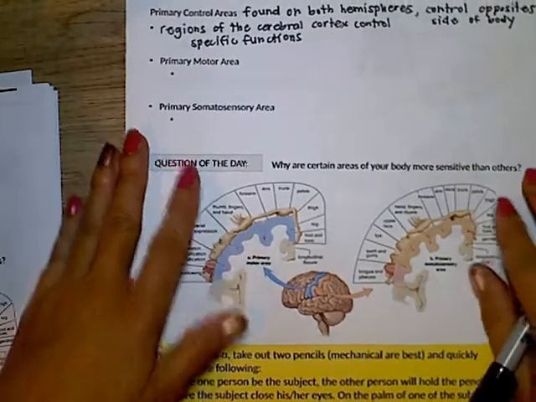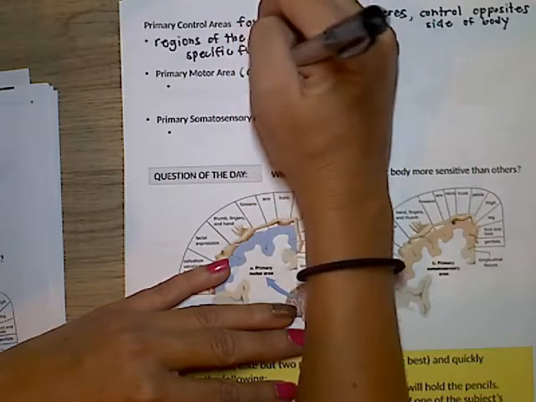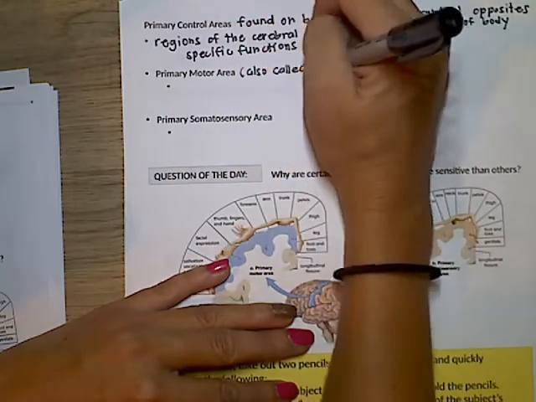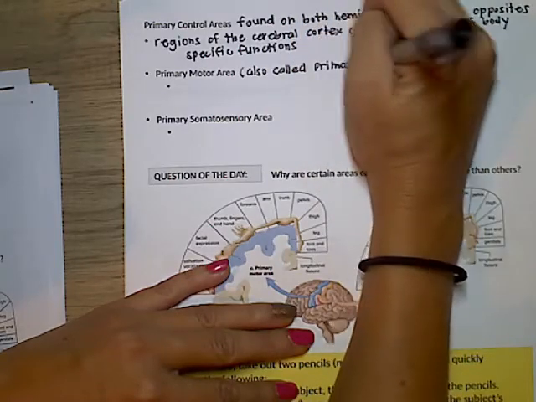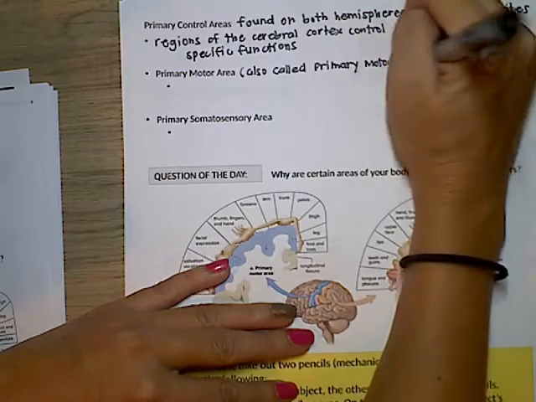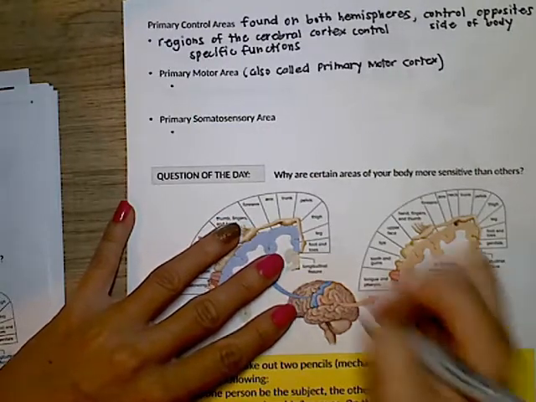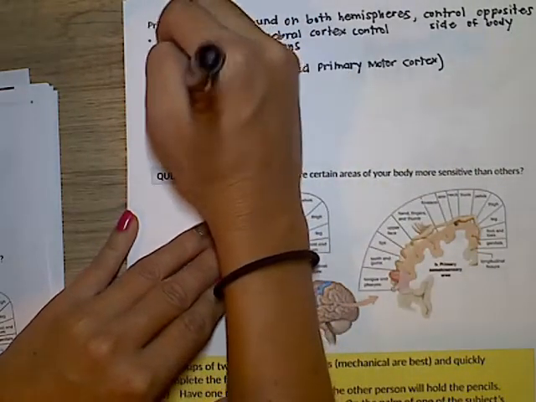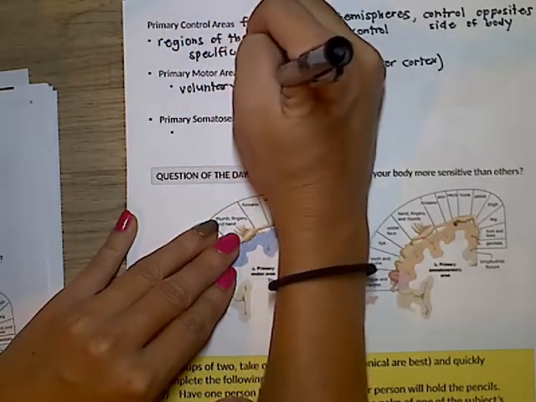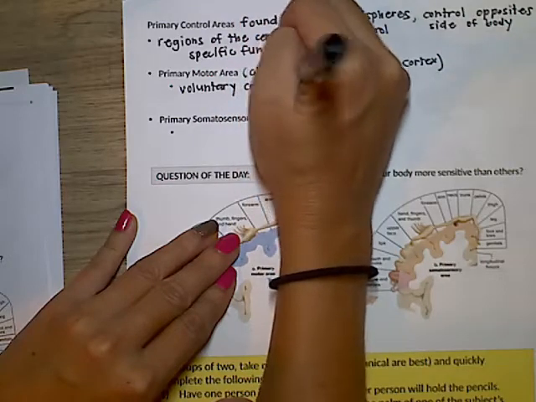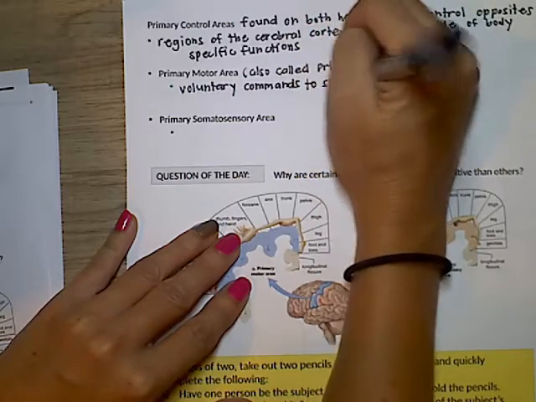It's also called the primary motor cortex. What this area does is send voluntary commands to skeletal muscles. That's where the message starts.